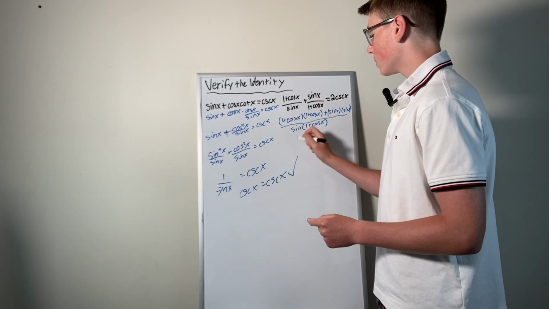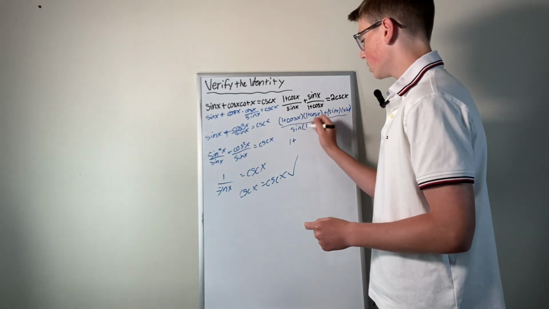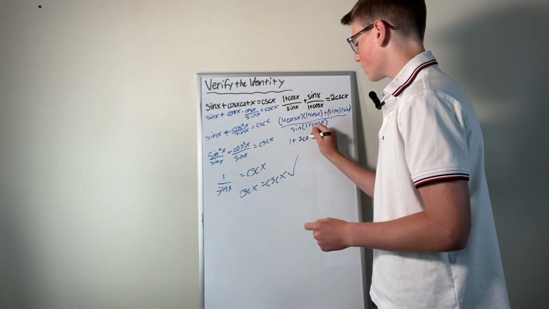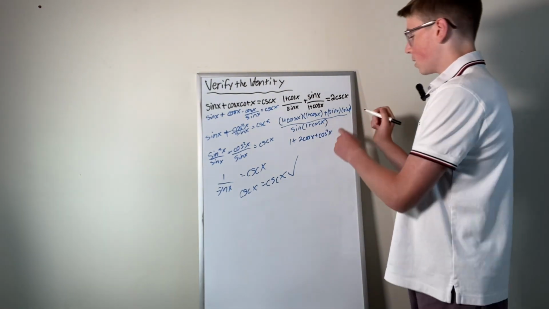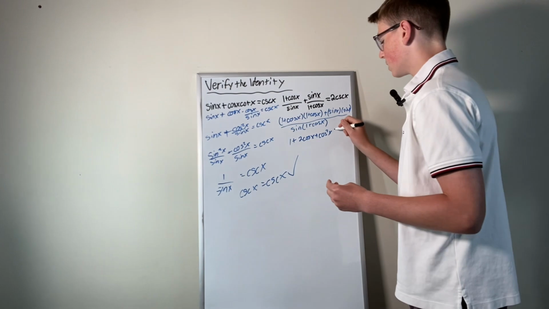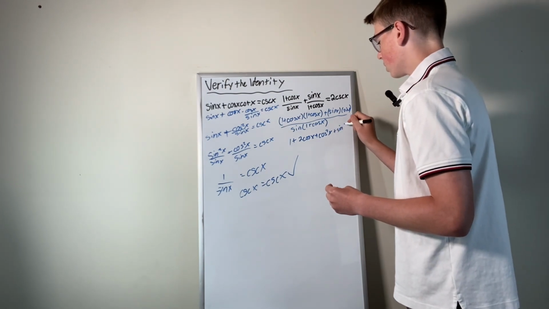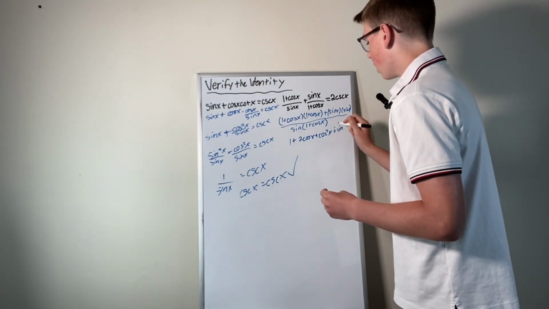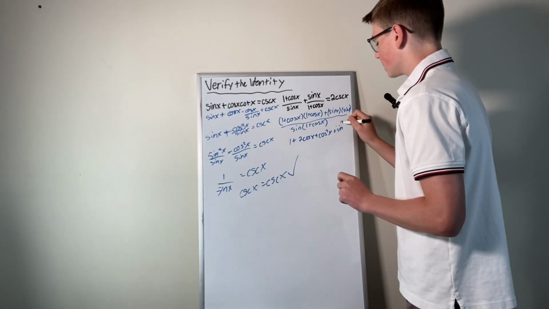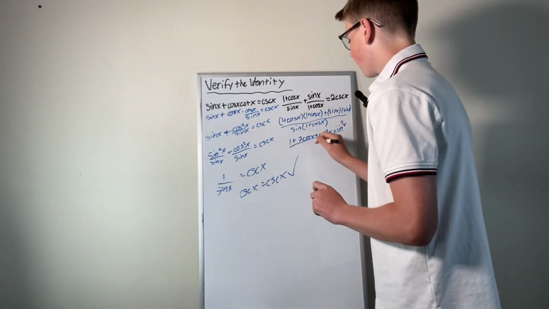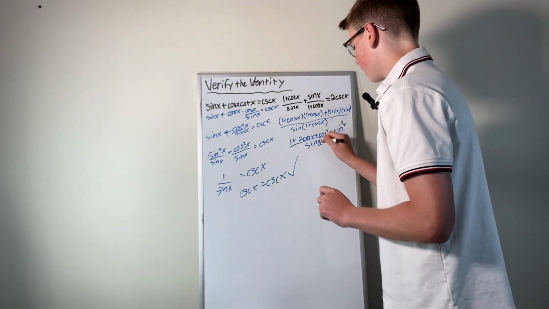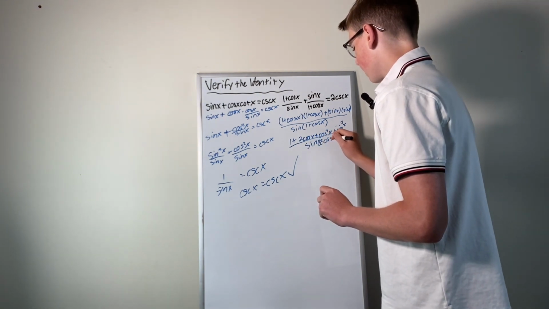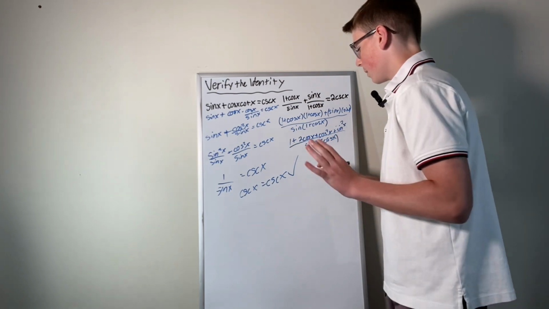So 1 times 1 is 1 plus 2 cosine x plus cosine squared x, and then sine x times sine x is sine squared x, divided by sine of 1 plus cosine x. That got really messy there.